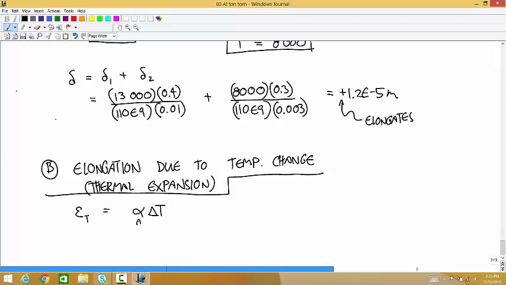This constant is called the coefficient of thermal expansion. And just like Young's modulus, you can Google that and it'll tell you the values for whatever kind of engineering material you want. It has units of 1 over degrees Celsius.